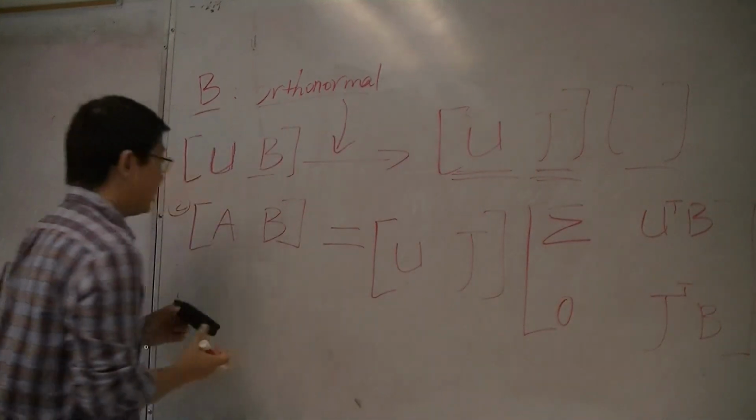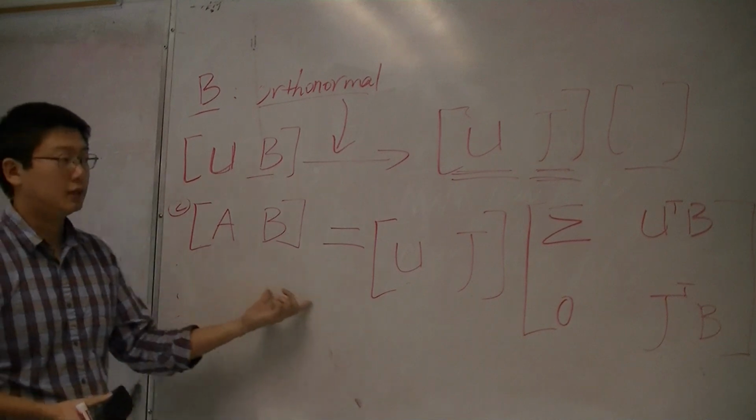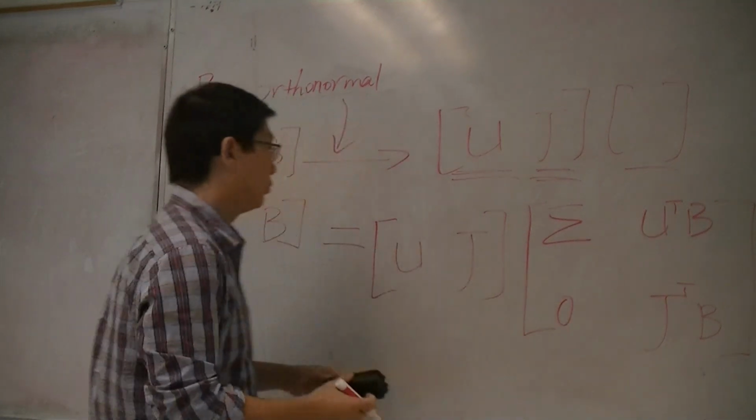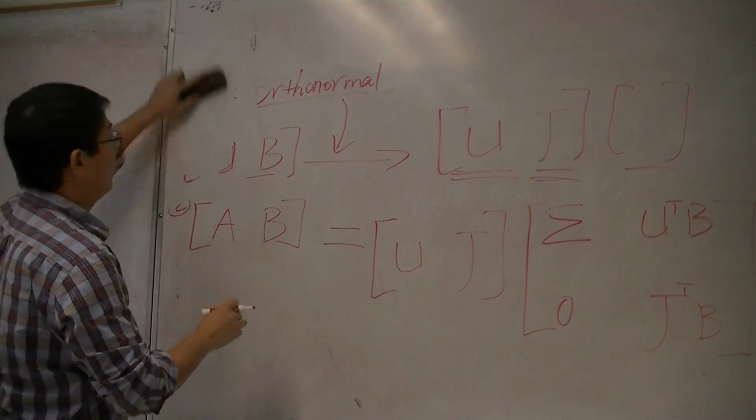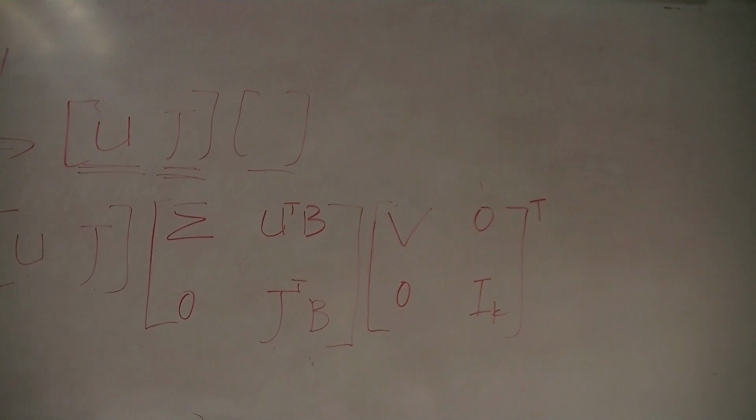First of all, we decompose this new combined matrix into something like this, and we will verify whether the multiplication of these three parts is A B.